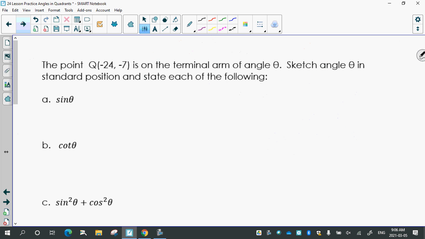All right, the point Q, -24, -7 is on the terminal arm of angle theta. Sketch angle theta in standard position and state each of the following. So we're going to draw our diagram first.